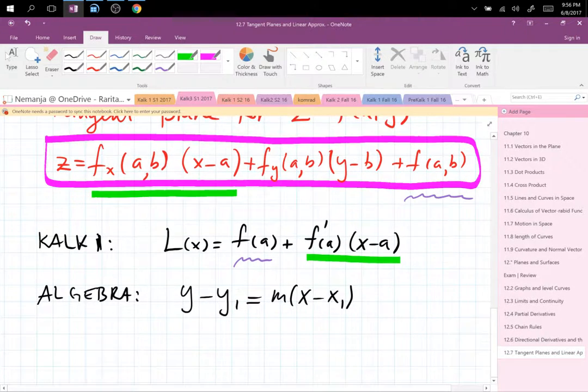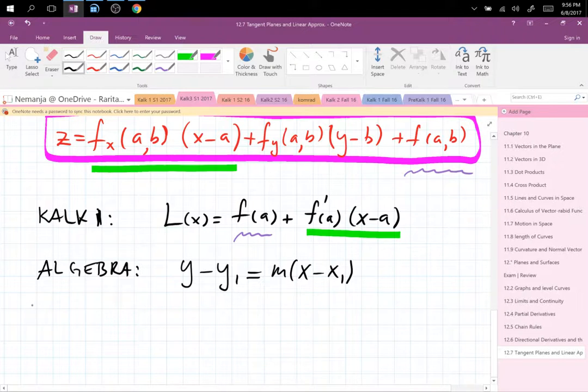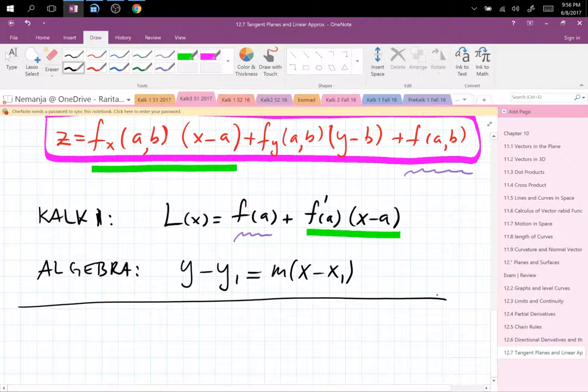So now we are going to take a look at another example for homework, which is going to give us practice on that formula. So, tangent plane, let's see, you probably like e's, right?